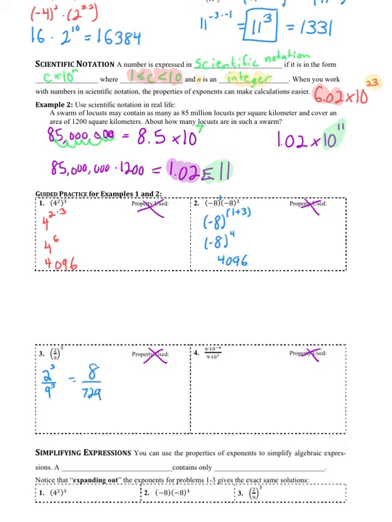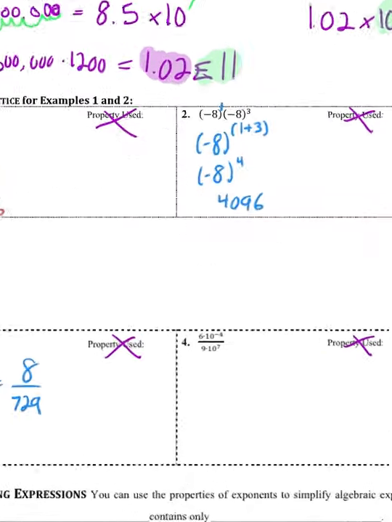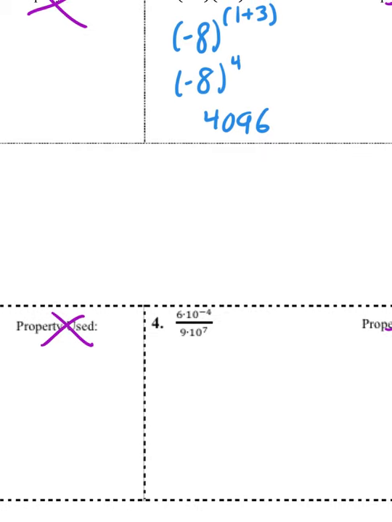And then the last problem, there's a little bit of work to do on this one. Because it starts as 6 times 10 to the negative 4th over 9 times 10 to the 7th. The first thing I see is this 10 to the negative 4th. I want to get that to the bottom of the fraction. So I'm going to write it as 6/9 times 10 to the 7th times 10 to the positive 4th.